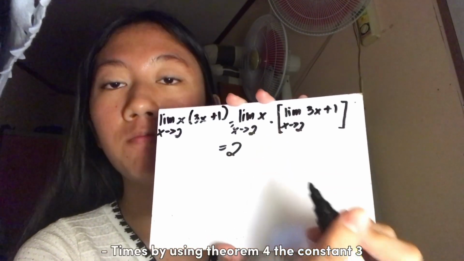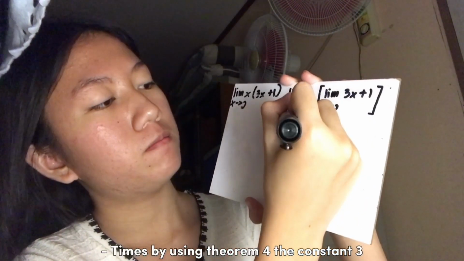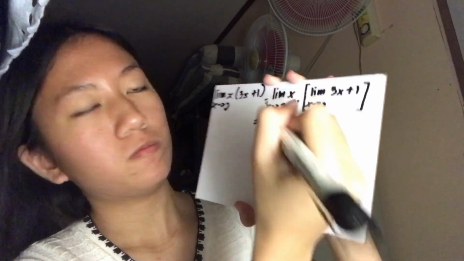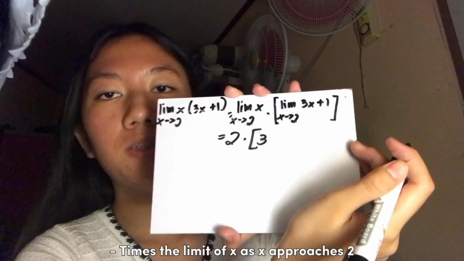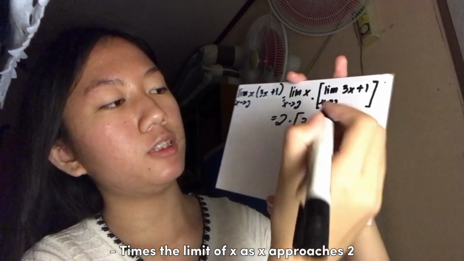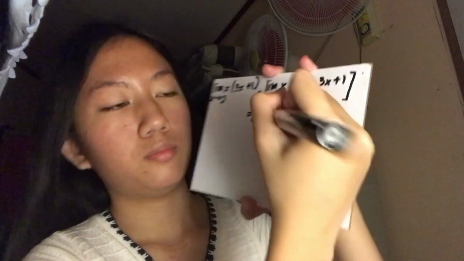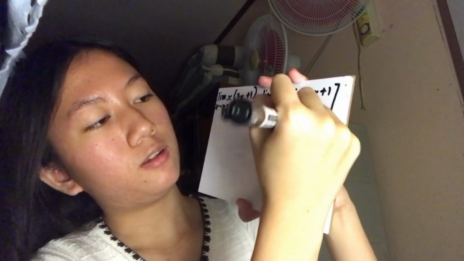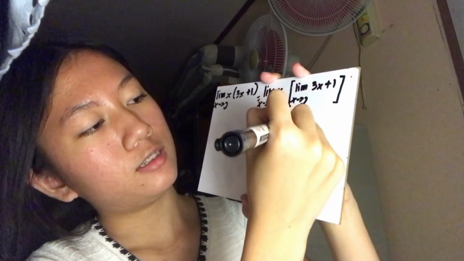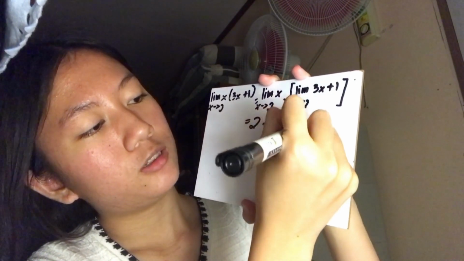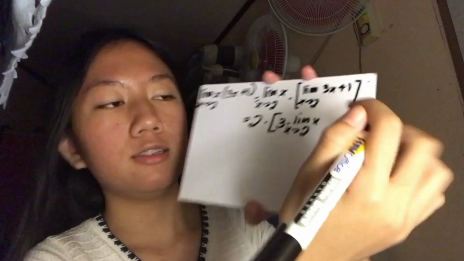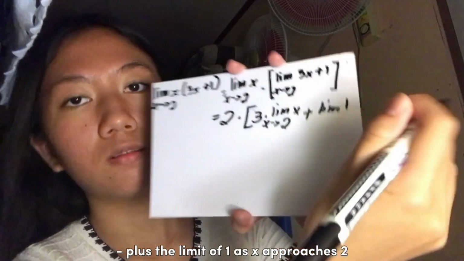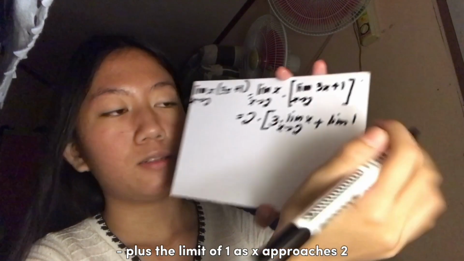Times, by using theorem 4, the constant 3, times the limit of x as x approaches 2, plus the limit of 1 as x approaches 2.